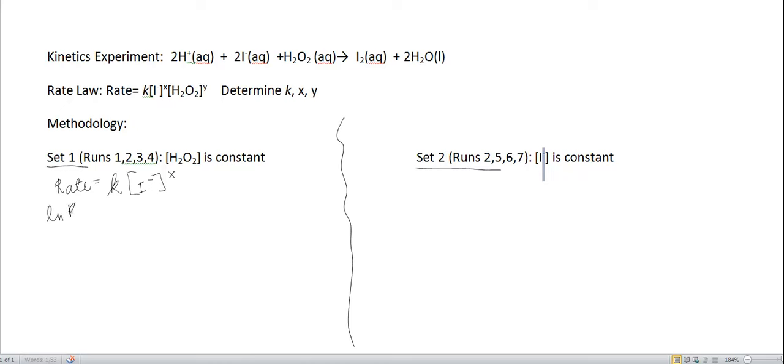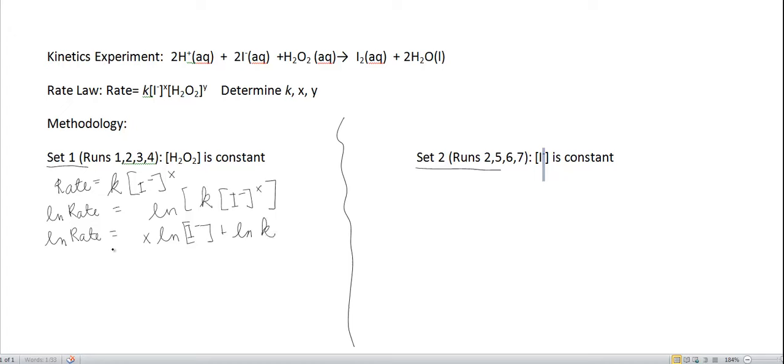Ln of rate is equal to the ln of k times iodide raised to the x. If you expand it, it becomes the ln of rate is equal to x ln of concentration of iodide plus ln of k.